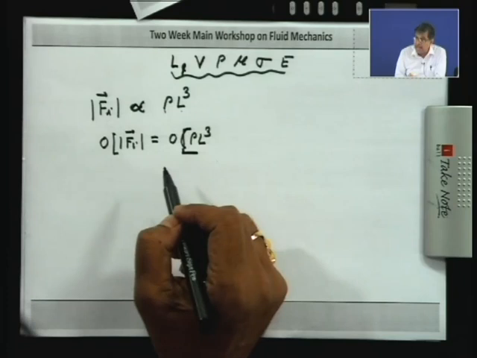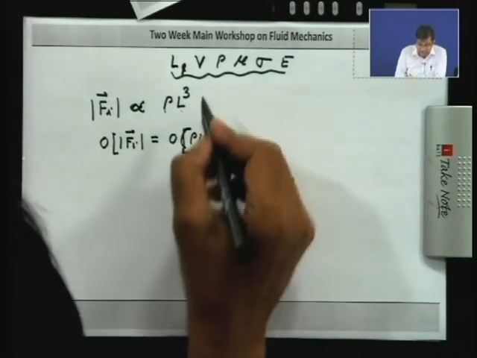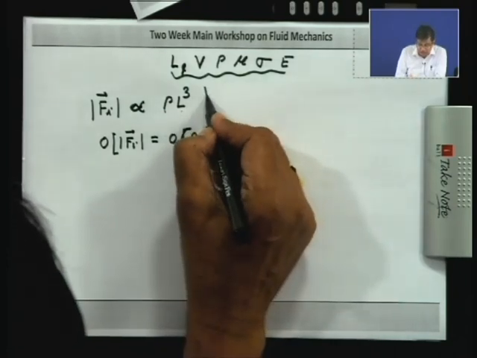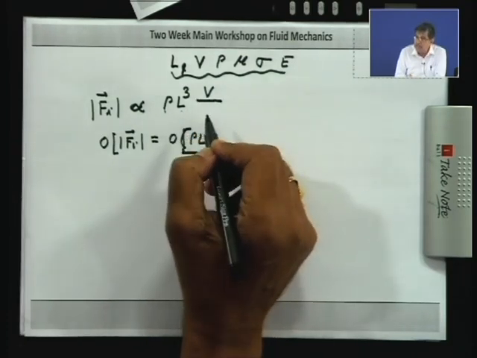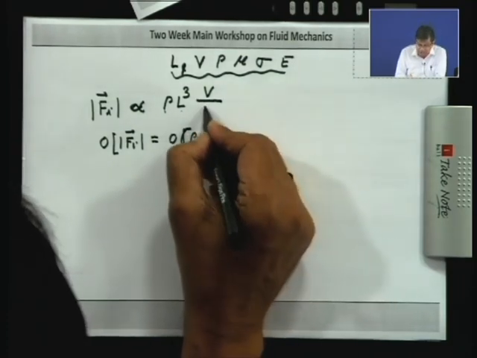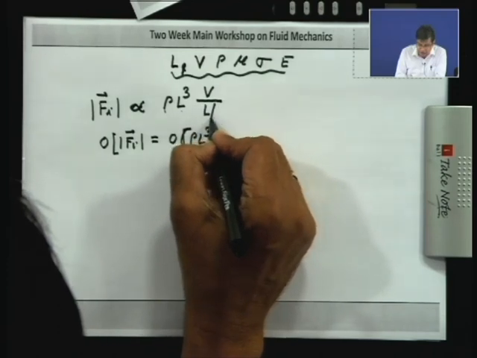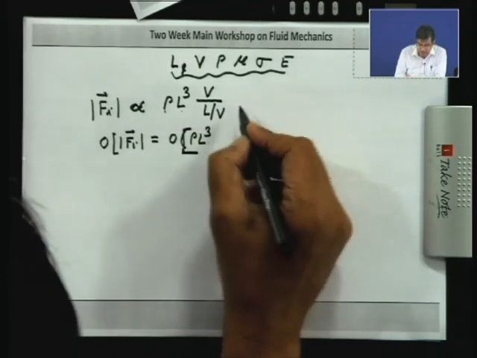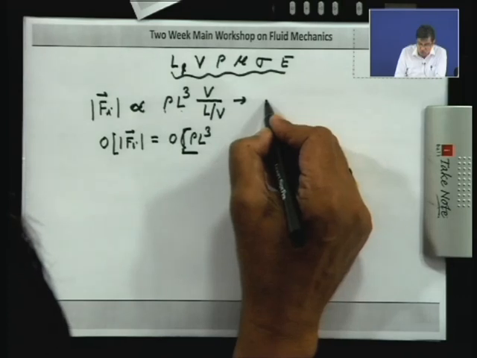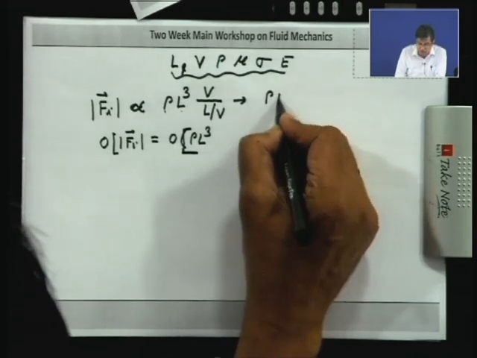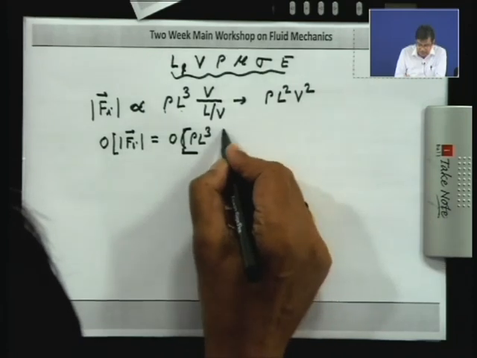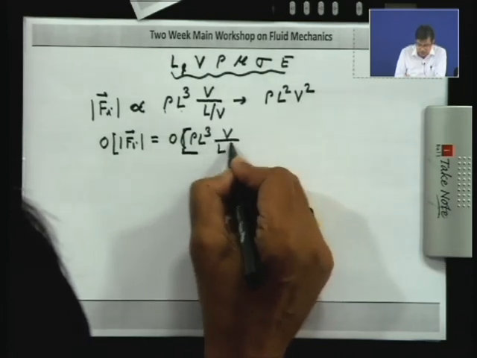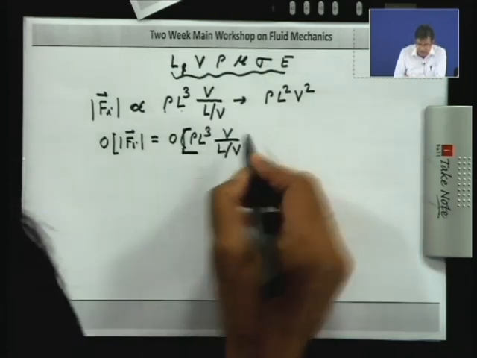Mass into acceleration. Now acceleration is proportional to velocity over time, and time is proportional to the characteristic length divided by velocity. That means this becomes rho L square V square. It is the same expression, expressed in terms of order.